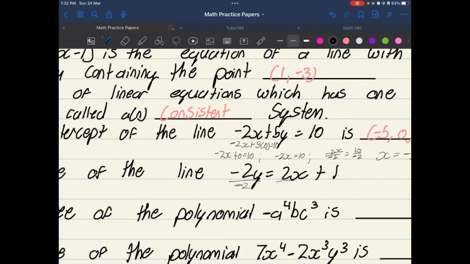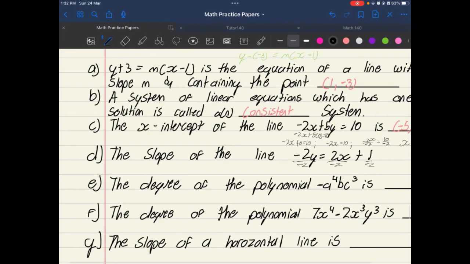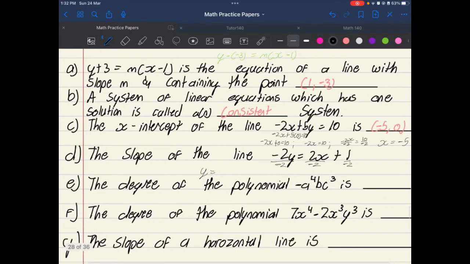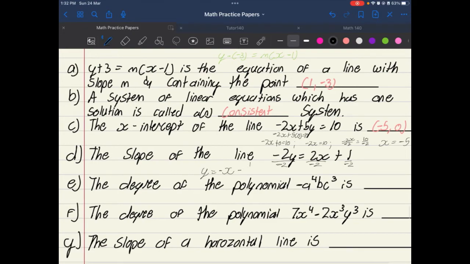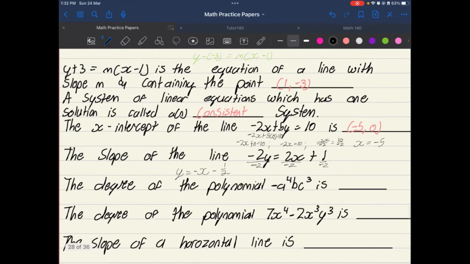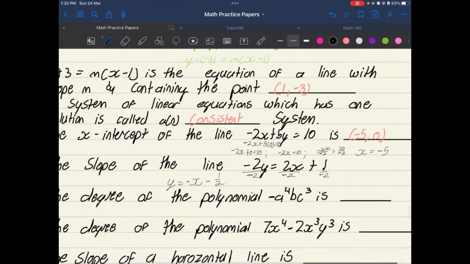If we rewrite this, y is equal to 2 divided by negative 2, that's negative x, and then minus 1 over 2. So the slope would be negative 1, because that's the value right here. That's the slope, negative 1.